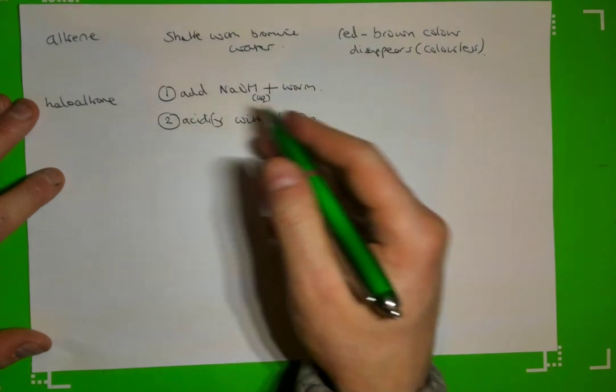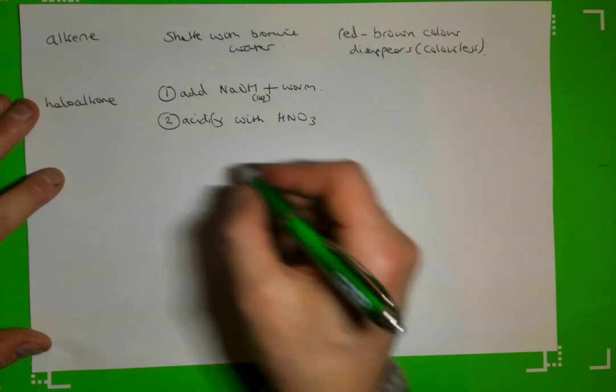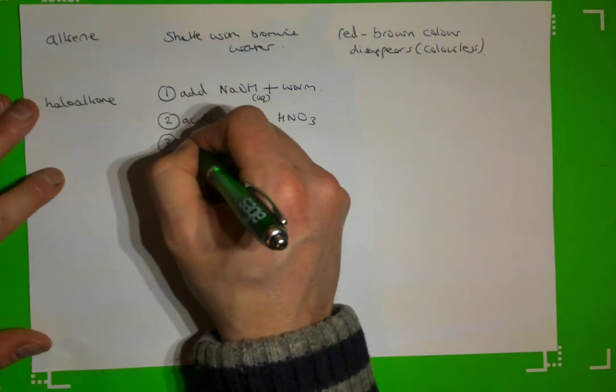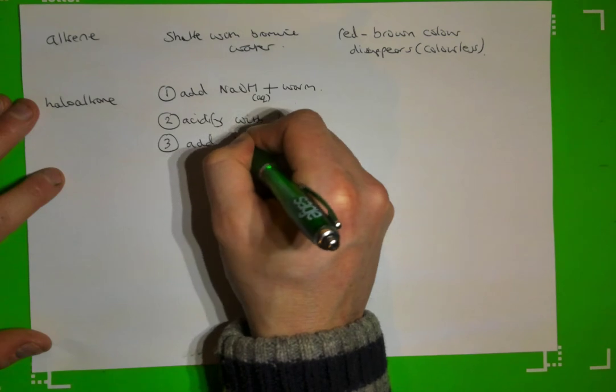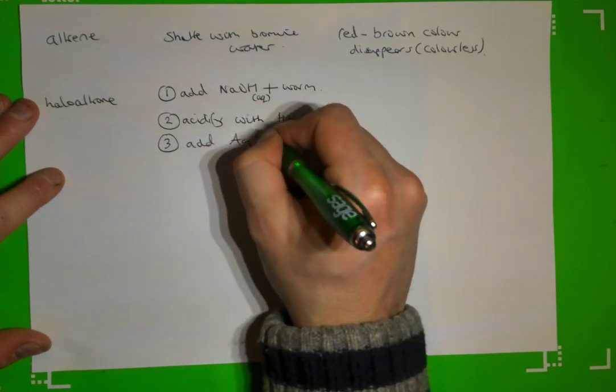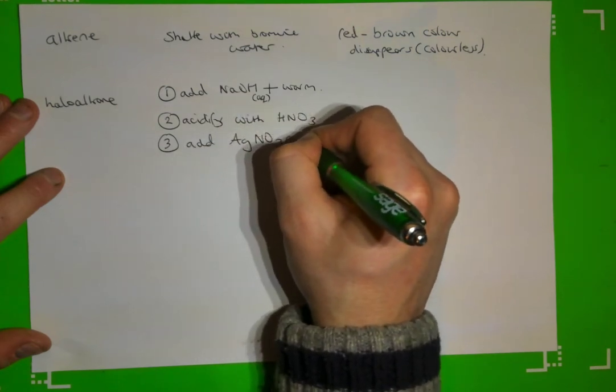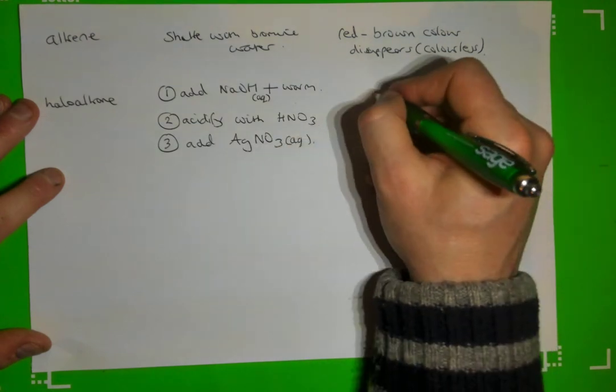So all of this, remember, has been covered in previous topics. And then we add the silver nitrate solution. And we get precipitates.